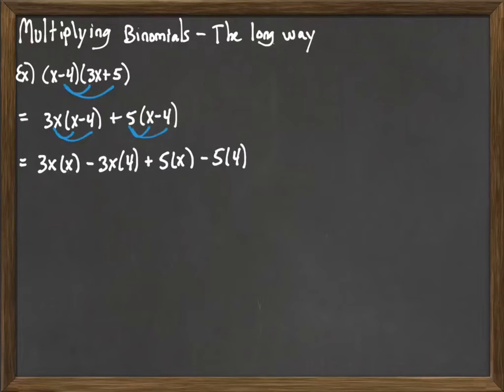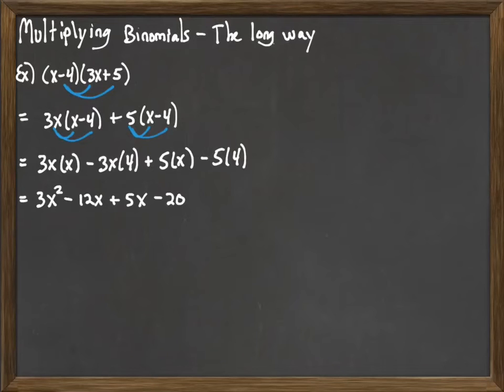And at this point, we can go ahead and just simplify. So 3x times x becomes 3x squared. 3x times 4 becomes 12x, so minus 12x. 5 times x would just be 5x, so plus 5x. And 5 times 4 is 20, so that's where the minus 20 comes in. And then at this point, we just go through, like we did in the last section, and we simplify our polynomial.